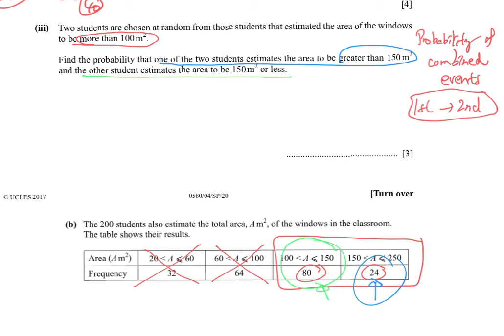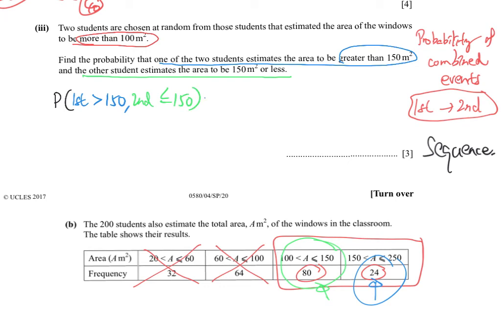But we need to think about the sequence, because we have first one event and then followed by the other event, so which one is first and which one is later. So we first think about the first one being larger than 150, and then the second one being less than or equal to 150, like this.